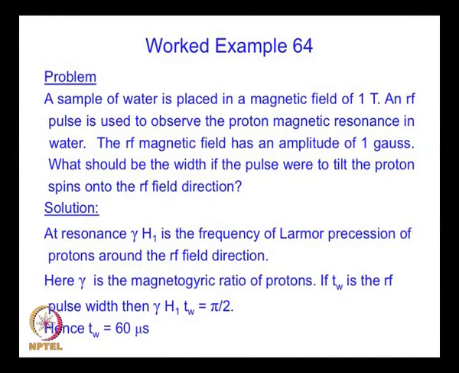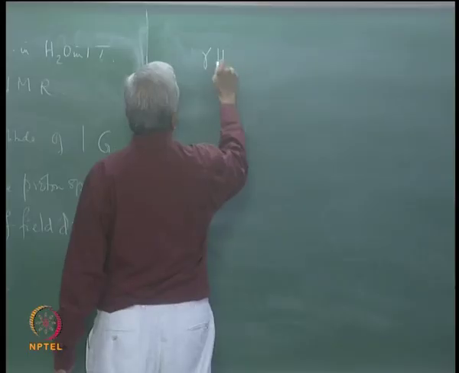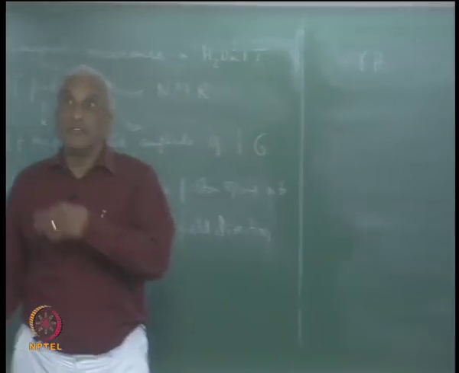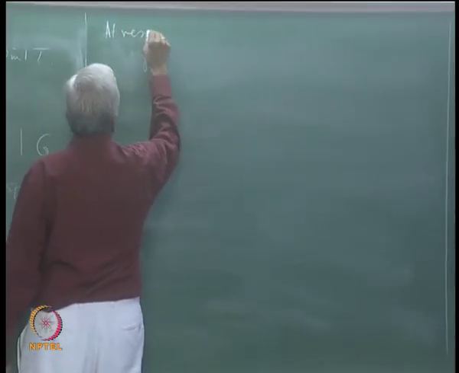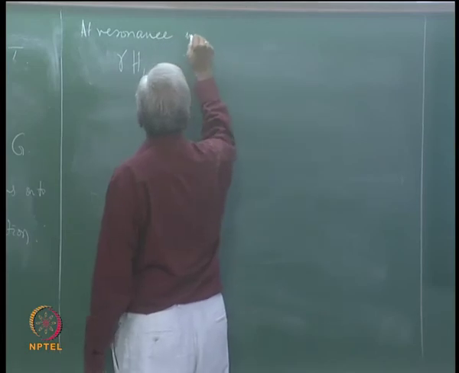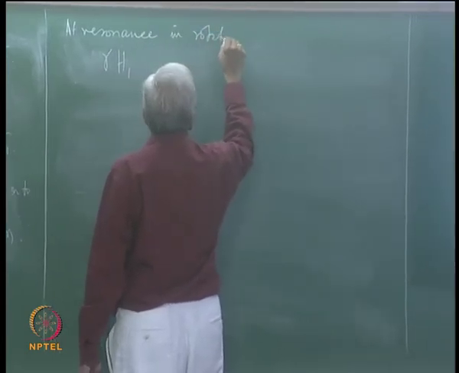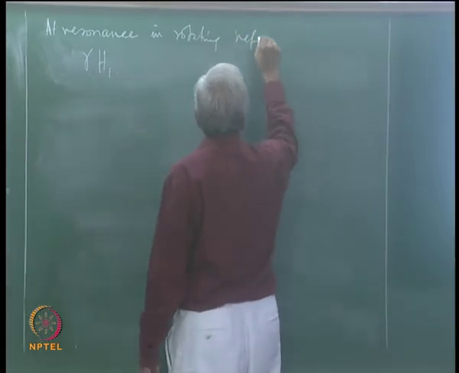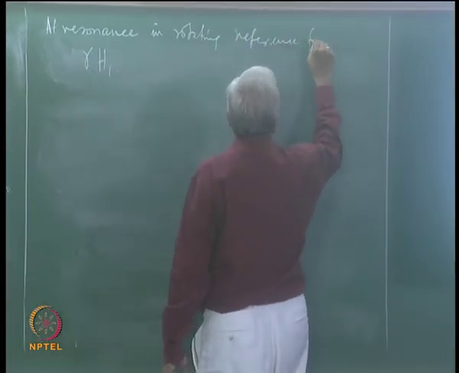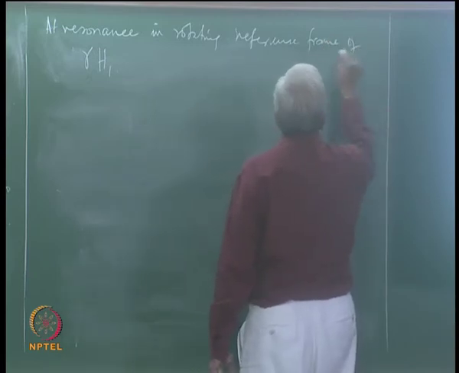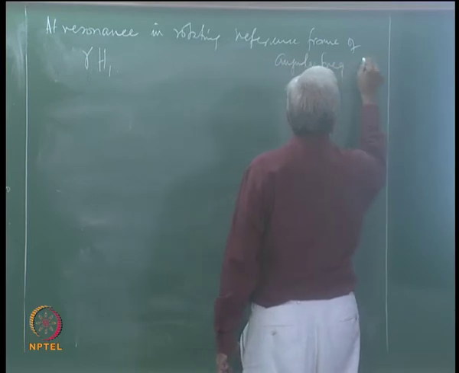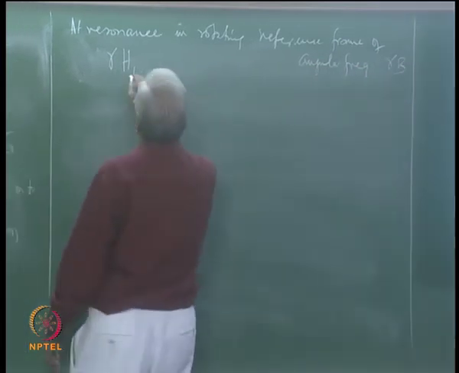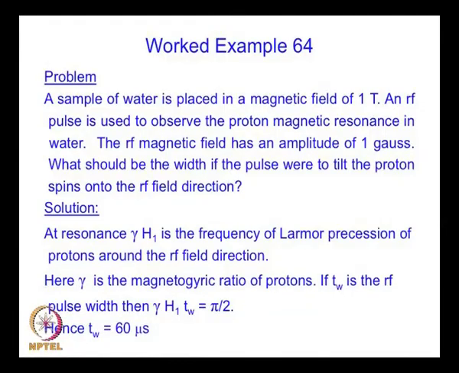So, the only field which causes precession in this rotating frame at resonance is the RF field; the only frequency of precession is the factor gamma h1.